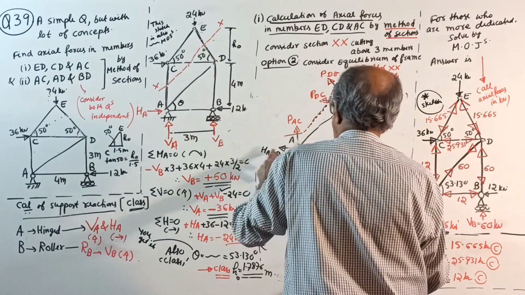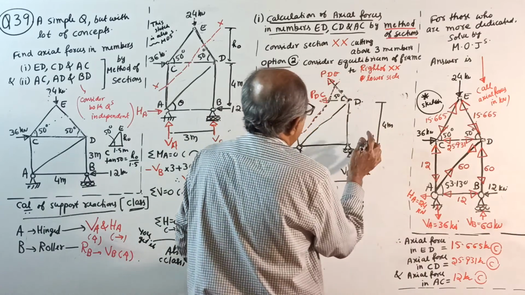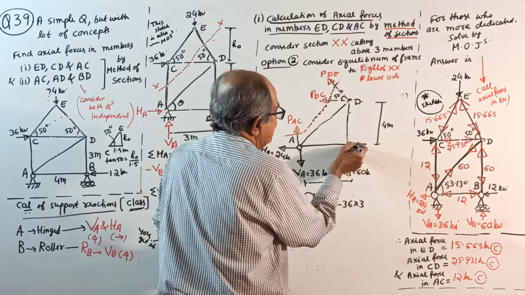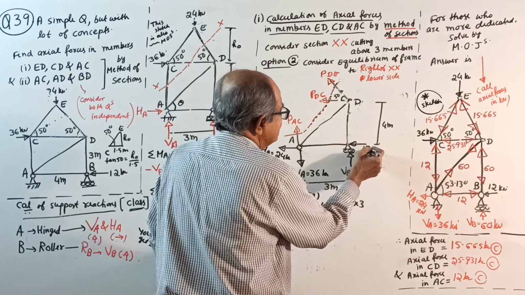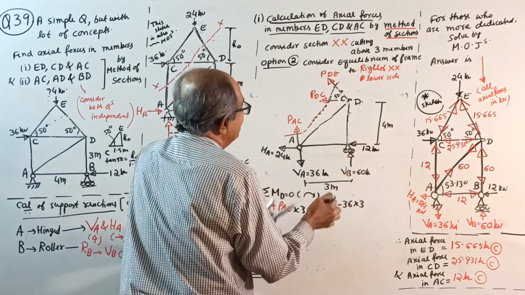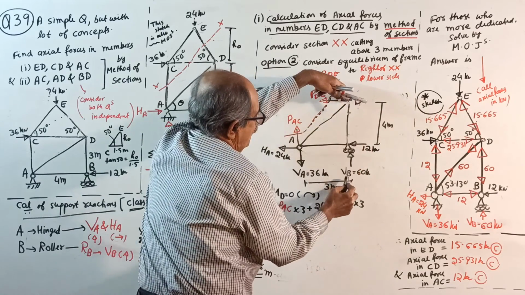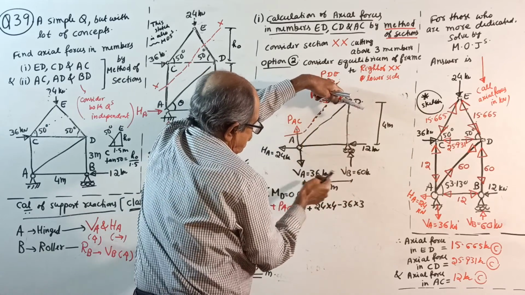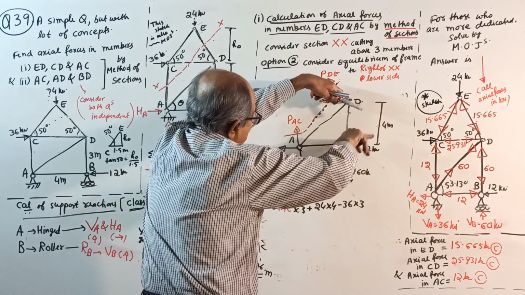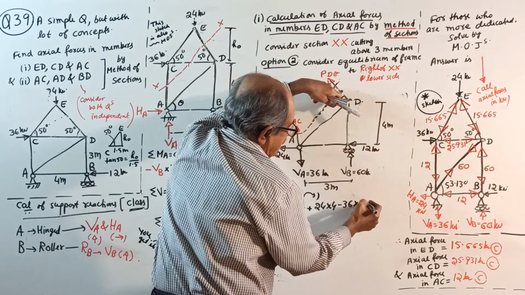36 correct, 24 correct. See, what happened is, there is a force acting here. How much is it? 12 kilonewton. I was wondering what happened. Therefore, this into 0, this into 0, this also into 0, plus PAC into 3, plus 24 into 4, minus 36 into 3, plus 12 into 4.